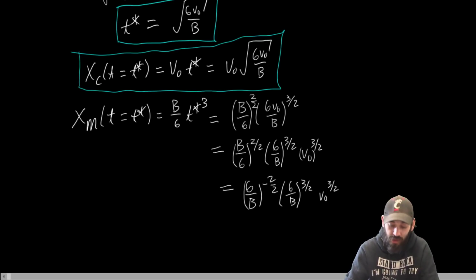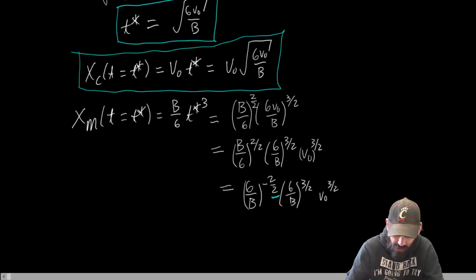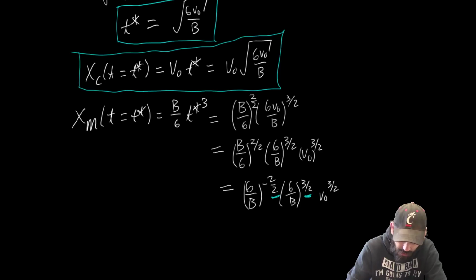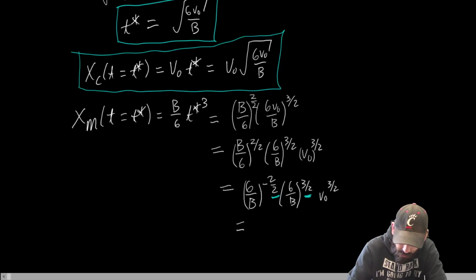Now, the reason why I'm doing this is now I can subtract this exponent from this exponent, because they have the same base, right? So now that I can do that, this is going to be equal to v0 to the 3/2 times (6 over b) to the 1/2.